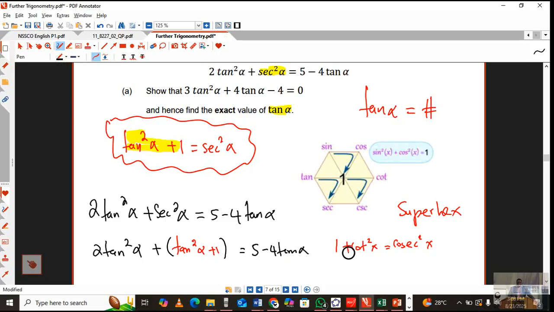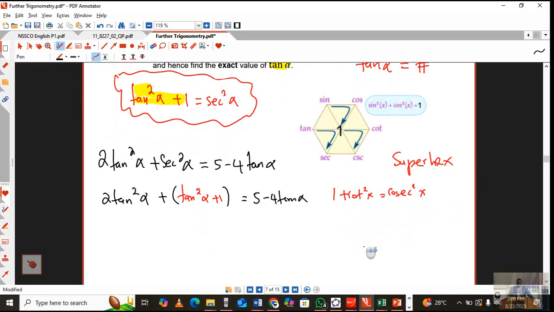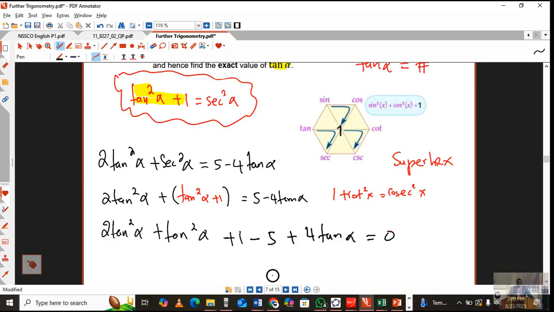This thing is going to become quadratic anyway, so let's remove the brackets, and you're going to have 2 tan square alpha plus tan square alpha plus 1, minus 5 plus 4 tan alpha, because everything is equal to 0.